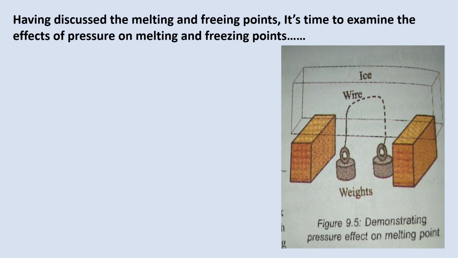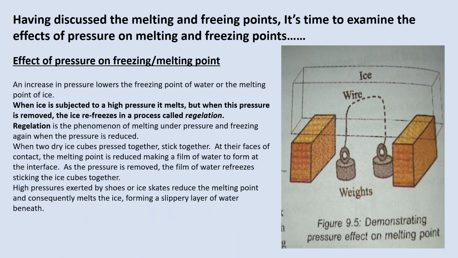Having discussed the melting and freezing points, it is time to examine the effect of pressure on melting and freezing points. And this will lead us to a concept known as the regelation principle. Now, what are the effects of pressure on freezing and melting points?